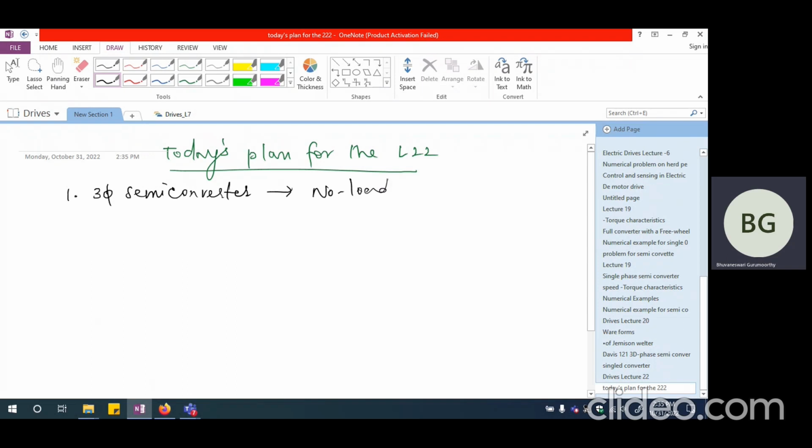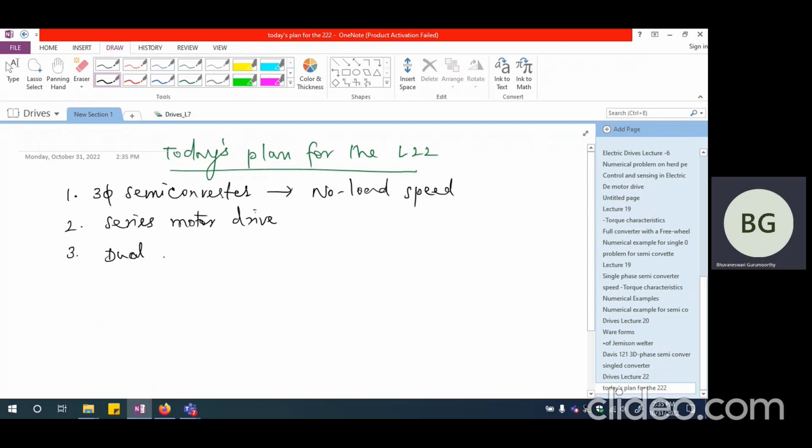So let me probably look at it once again. That is important. The second thing is we are going to look at series motor drive, because for the series motor drive, the analysis will be somewhat different as compared to separately excited DC motor drive. And the third thing that we are going to look at will be dual converter.